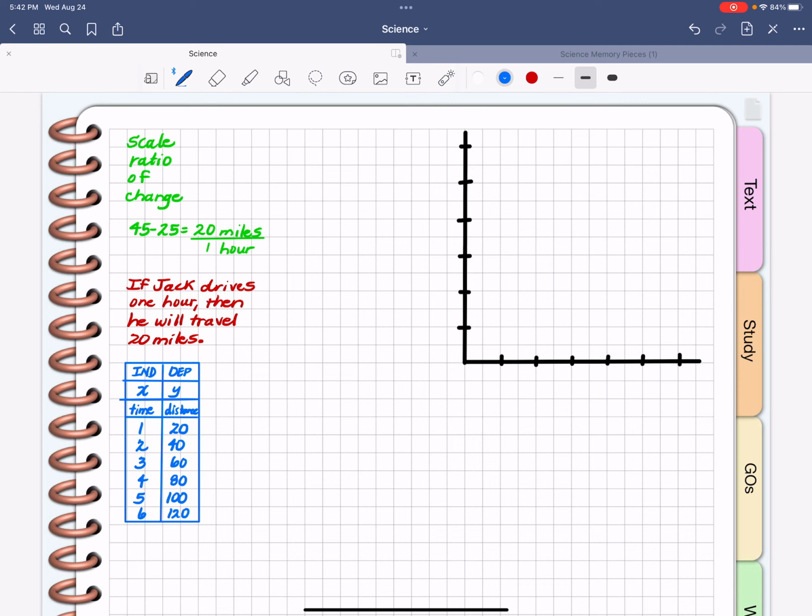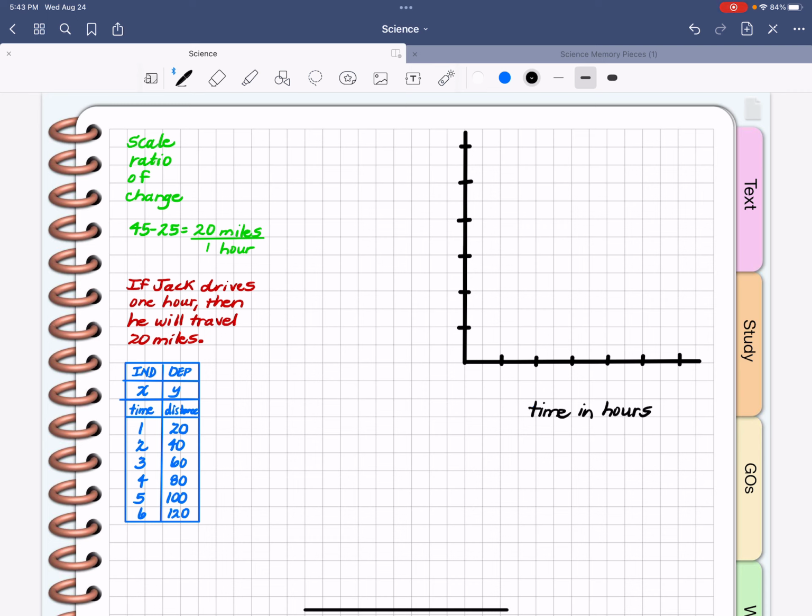So when you're ready to graph this, they say to let X represent the total driving time. And I always, just for my own preference, it's completely just my preference, I like to put the label time in hours or time in minutes or time in seconds. It's just good practice, and it'll help you in science.